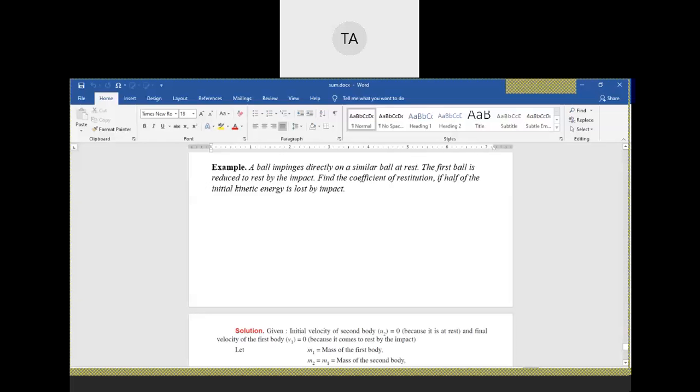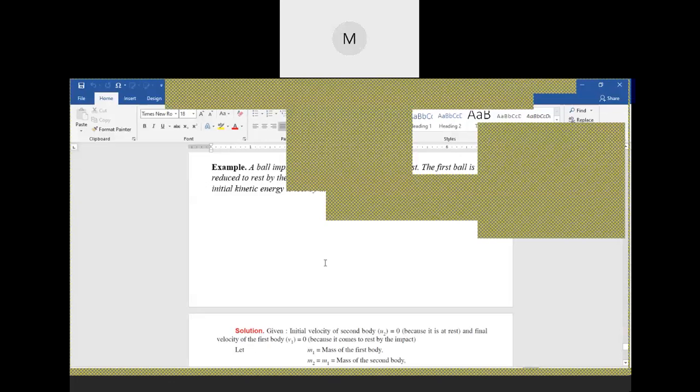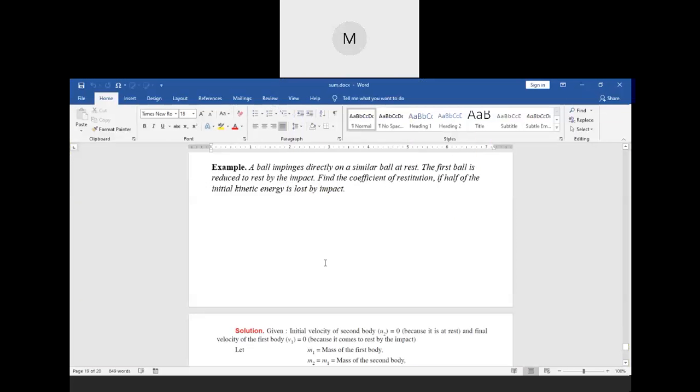Can you see my screen? I'm sharing my screen. Hello, can you all see my screen? Yes, sir.